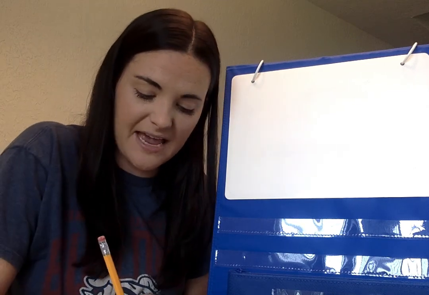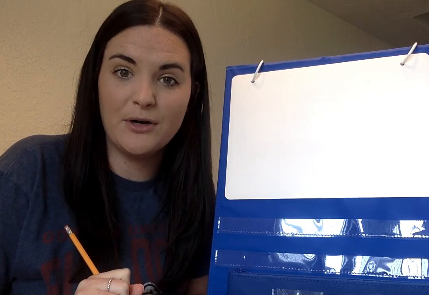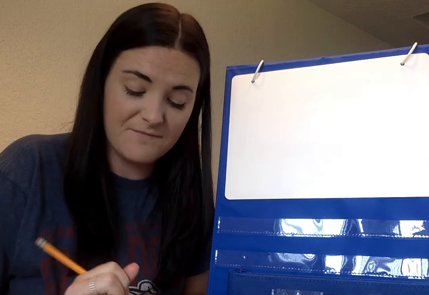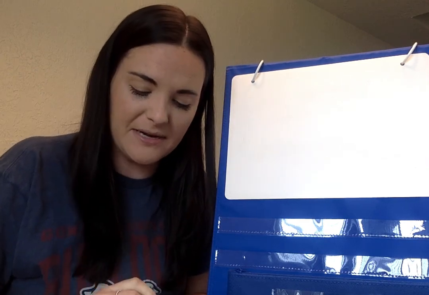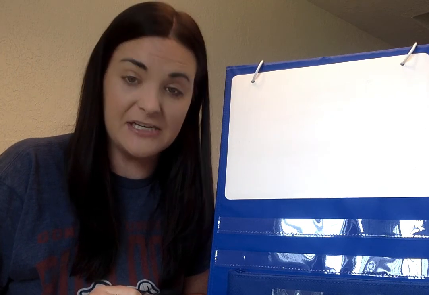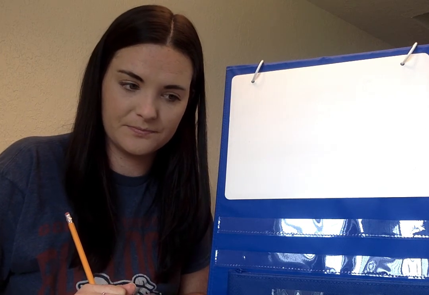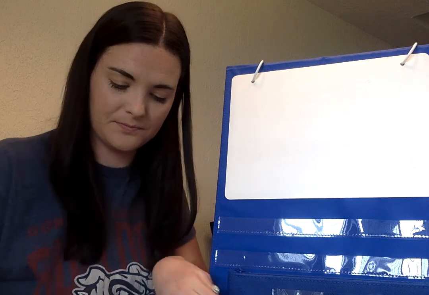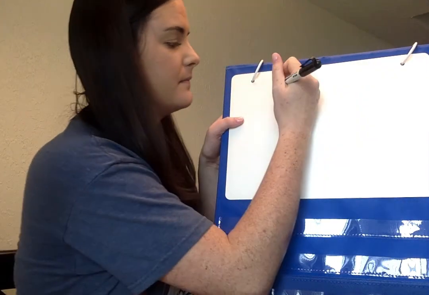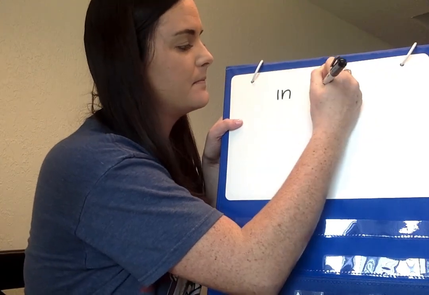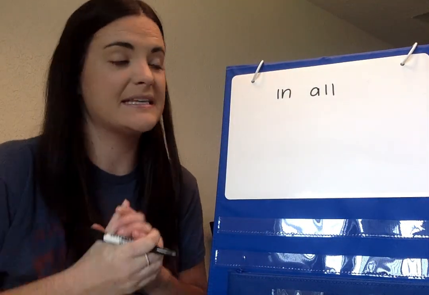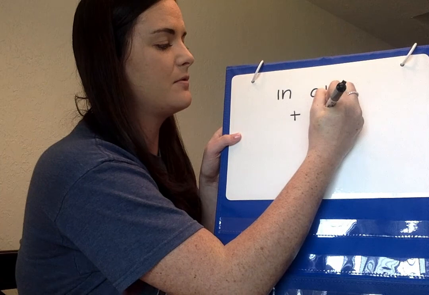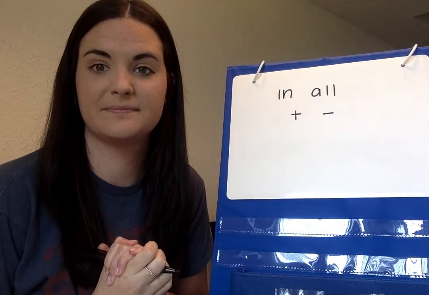Martin found 7 shells. I heard a number. Pam found 8 shells. I heard another number. How many shells do they find in all? I heard the words in all. Does in all mean addition or subtraction?